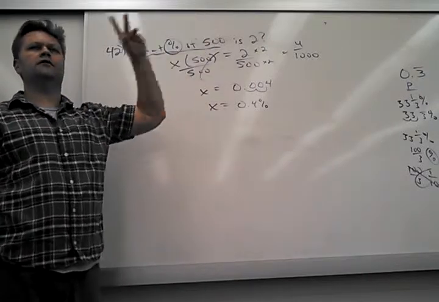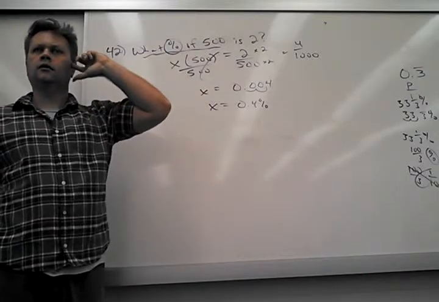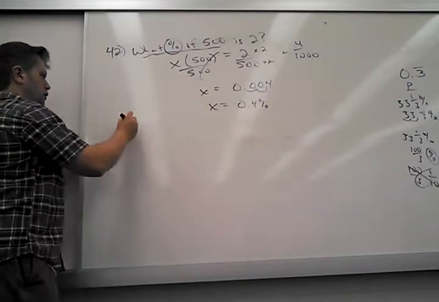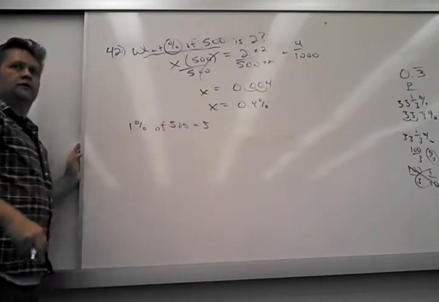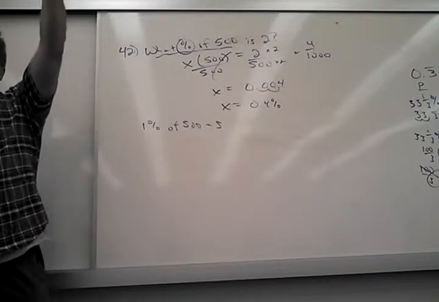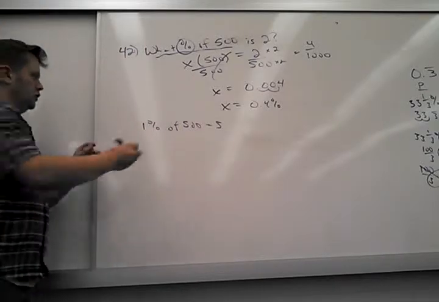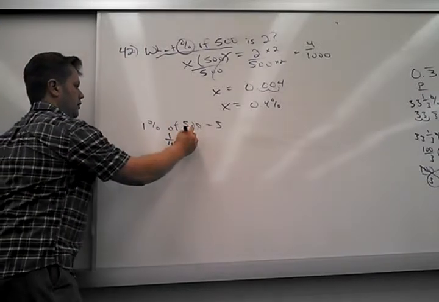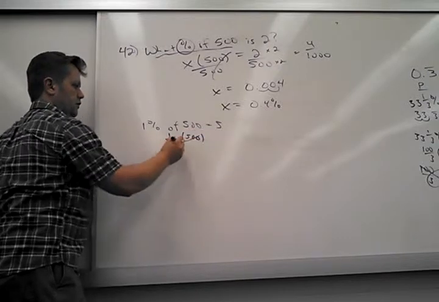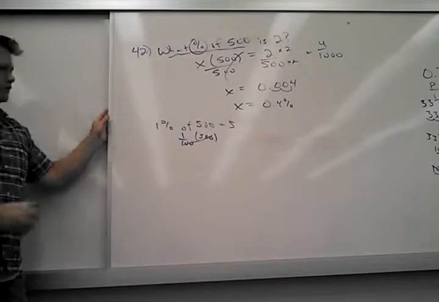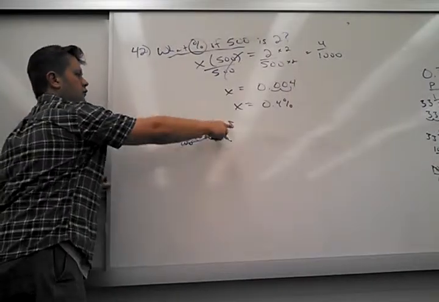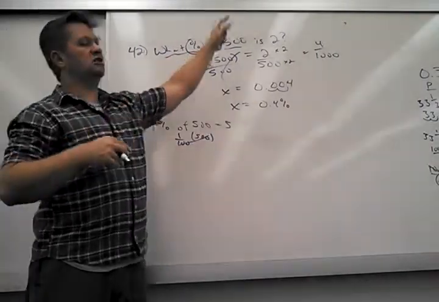What would 1% of 500 be? 5. This is a really good ability to have. 1% of 500 is 5, because 1% is 1 over 100. So you're really just taking 1/100th of 500, which of course is 5. Do you guys see that? So if 1% of 500 is 5, and I'm saying what percent is 2?